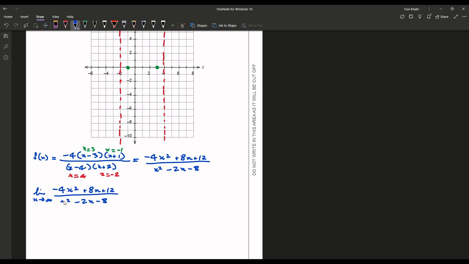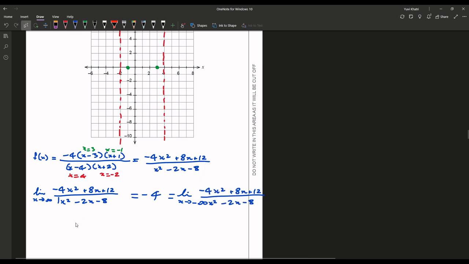So this equals -4. And because they're both quadratics, that's going to be the same as the limit as x tends to -infinity. Because the highest power is even.